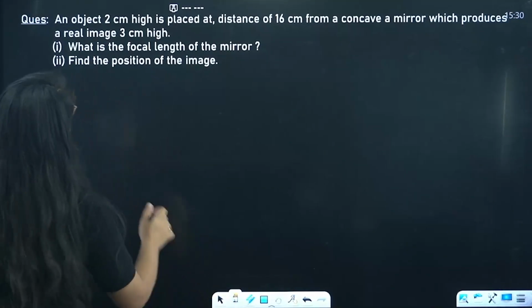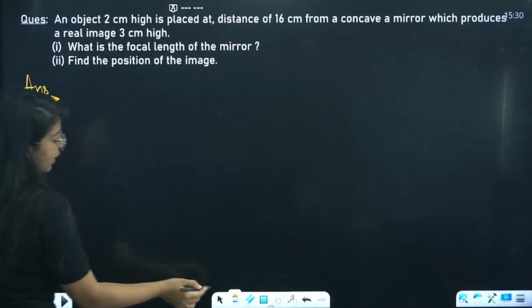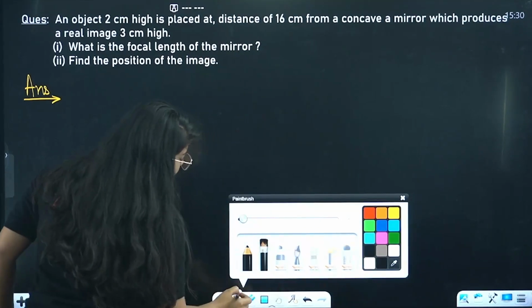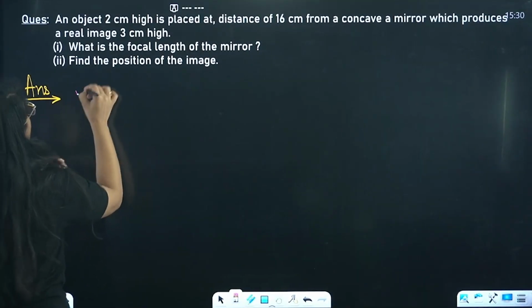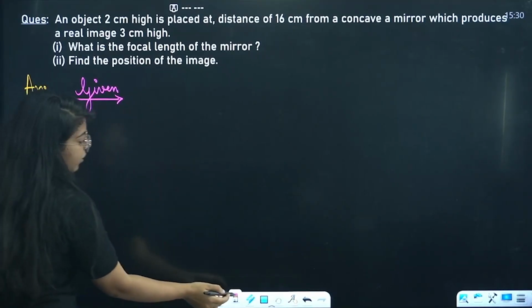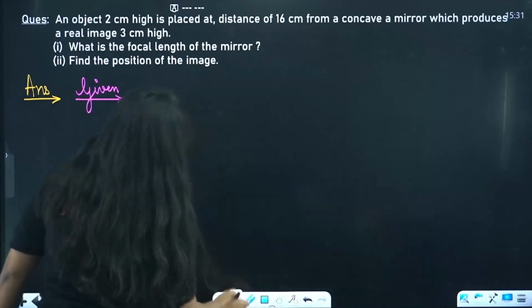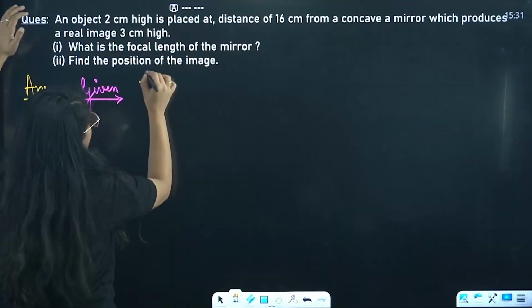Whenever you start doing a numerical, you have to write what is given as soon as you are reading it. What I mean by that is, you are going to write "given", and you are going to say that an object 2 centimeter in height. That means height of object is simply 2 centimeter.